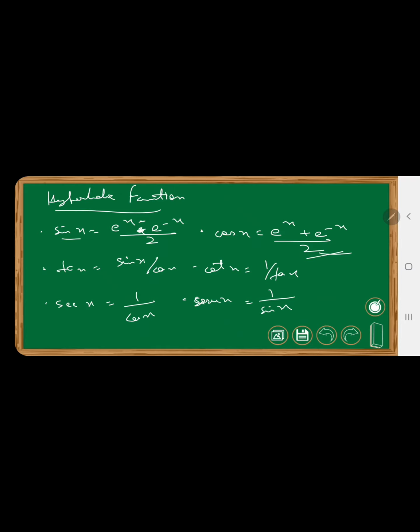The result will be any of these six, or maybe a combination of some of these, which you can easily identify if you have a bit of practice or a good understanding. This is all you actually need to know in hyperbolic functions.